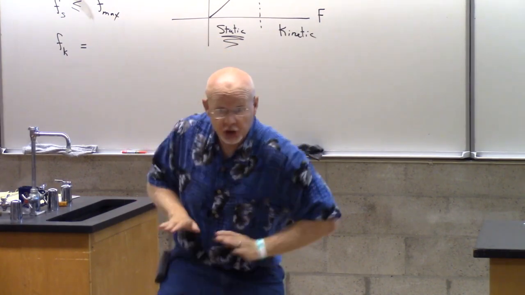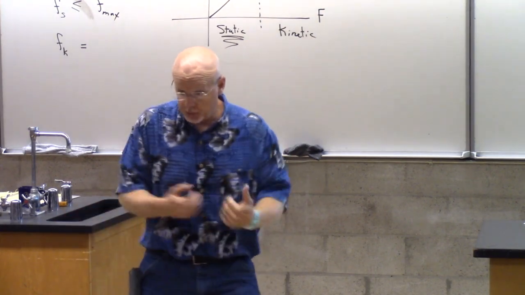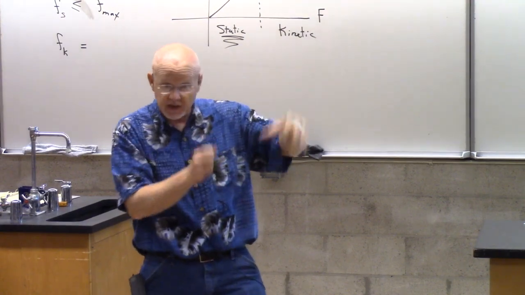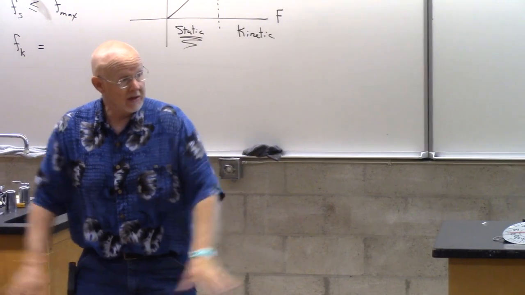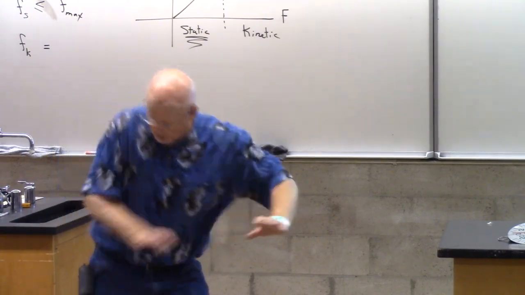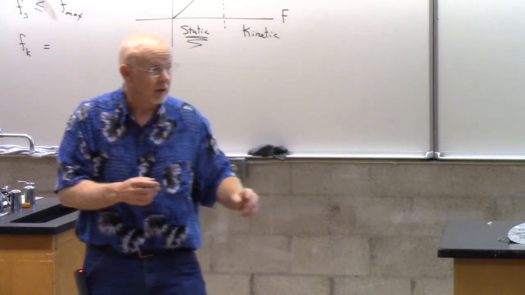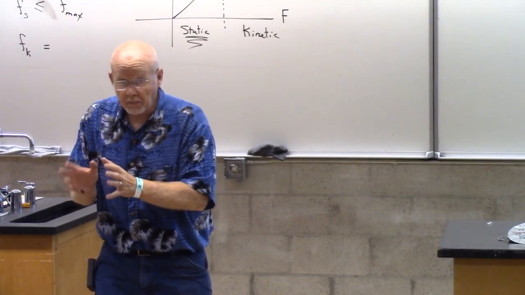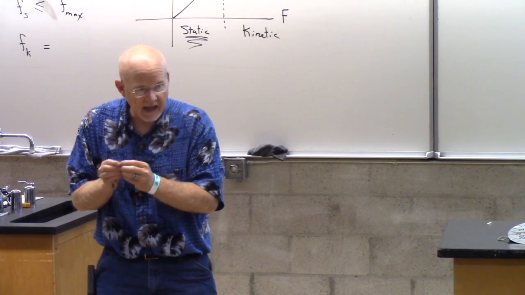I push on the stage, so the stage will push back on me in that direction, equal and opposite. And so it's the stage that's pushing me forward. And if I had this rug that wasn't tied down, I might crumple it up instead of actually pushing me forward. Okay. But is it kinetic friction or is it static friction?